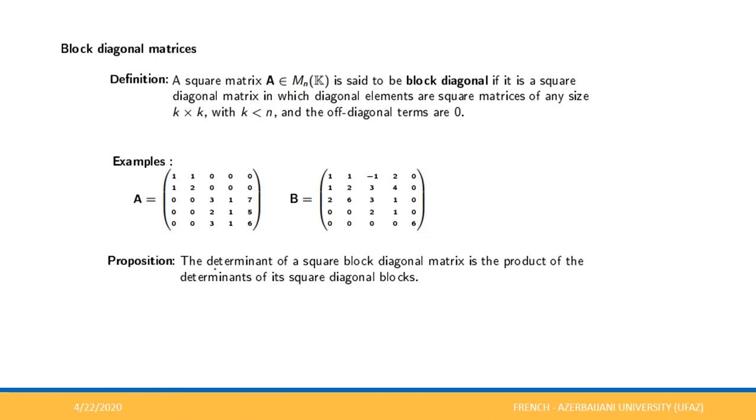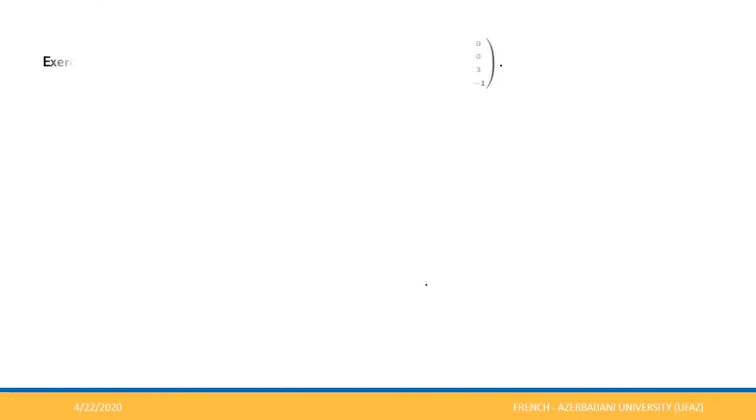Proposition. The determinant of a square block diagonal matrix is the product of the determinants of its square diagonal blocks. Exercise. Determine the determinant of the matrix A. You see the matrix A is a block diagonal matrix.